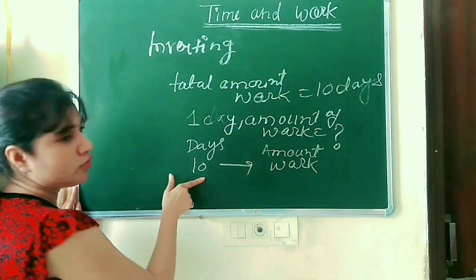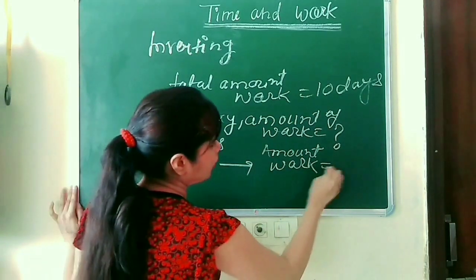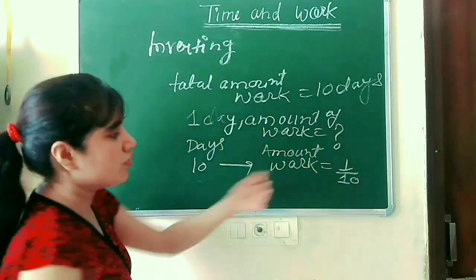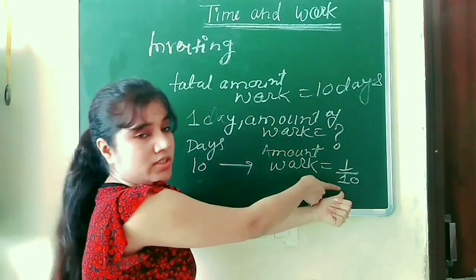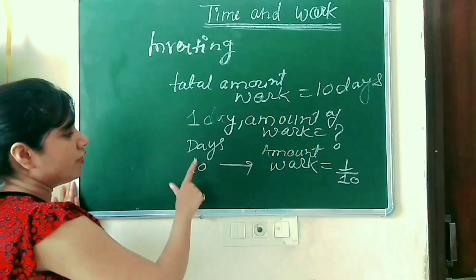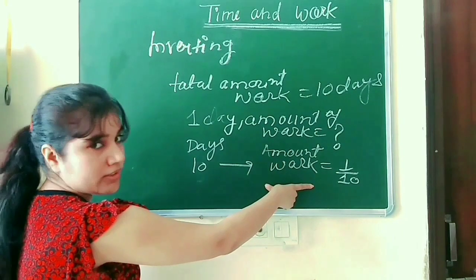So we simply invert this quantity. The amount of work will be 1 by 10. This is the amount of work done in 1 day, that is 1 by 10. So here we are going from days to work.